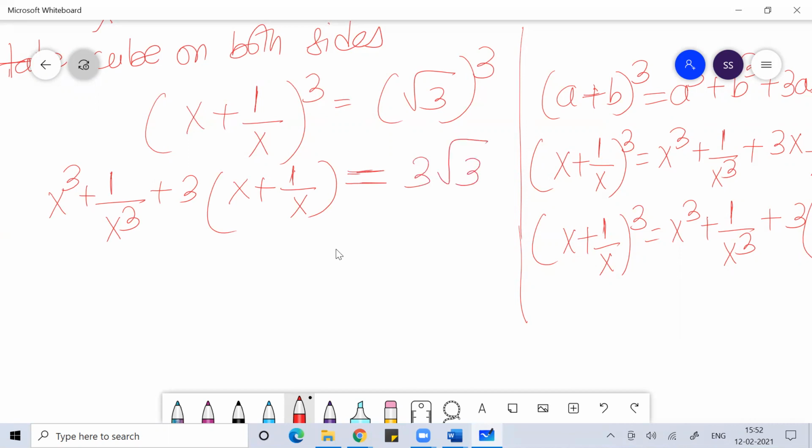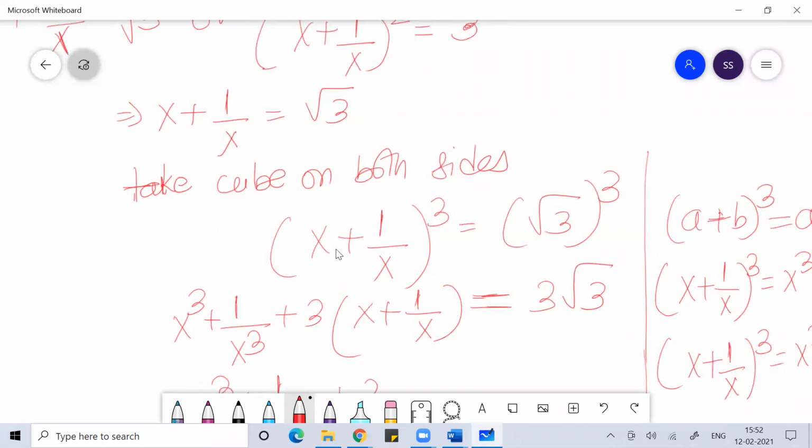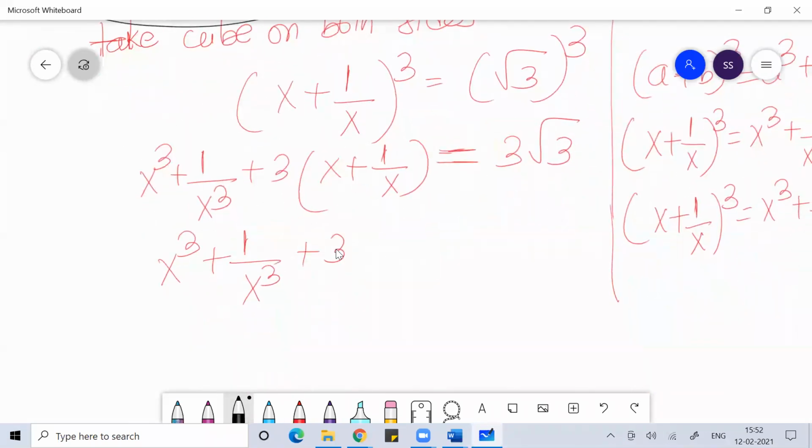Okay, everyone. So then I can write this as x cube plus 1 by x cube plus 3 into x plus 1 by x. What is x plus 1 by x? Your x plus 1 by x was root 3, so you can write here root 3.